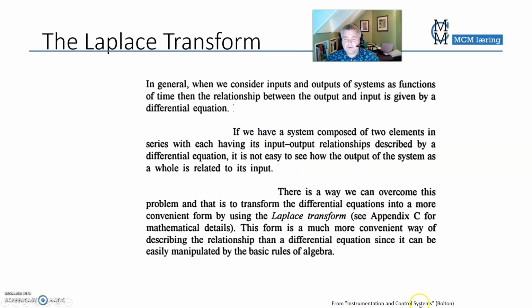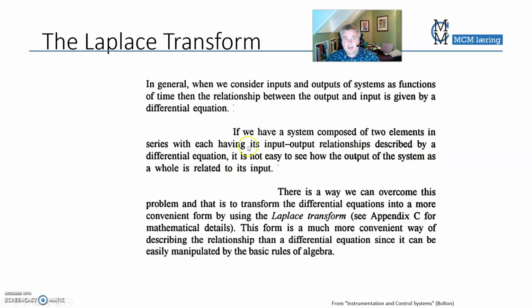So then you have a book by Bolton, Instrumentation and Control Systems, where he said that in general, when we consider inputs and outputs of systems as functions of time, then the relationship between them is given by differential equations. If we have a system composed of two elements in series, with each having its input-output relations described by differential equations, it's not easy to see how the output of the system as a whole is related to its input.